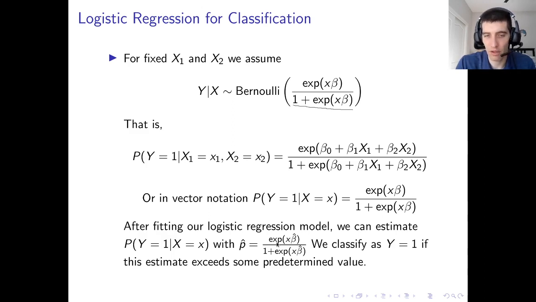If this probability estimate, which I've called p hat here, where I'm plugging in my estimate for beta and the predictor values that you've given me, is close to 1, then the probability of y equals 1, that's having a math degree, is high.